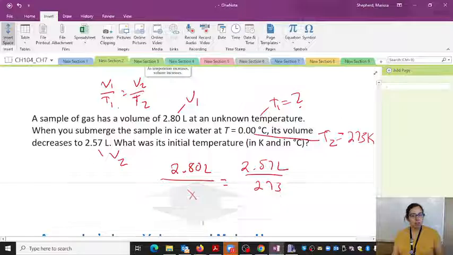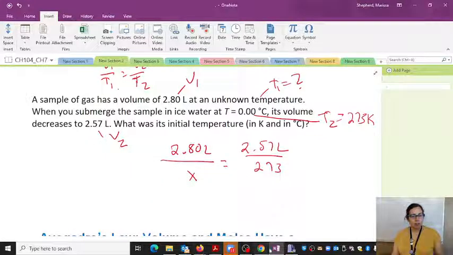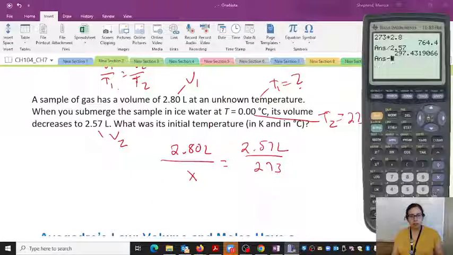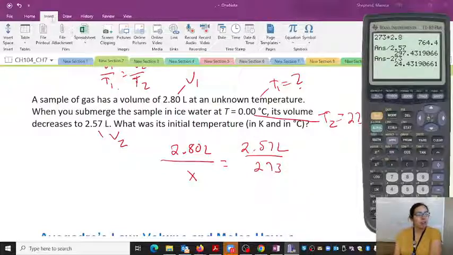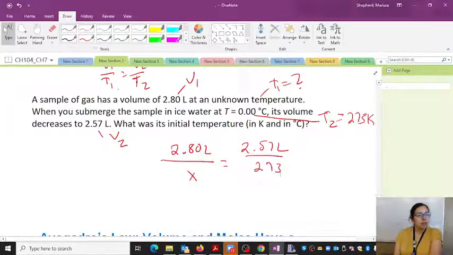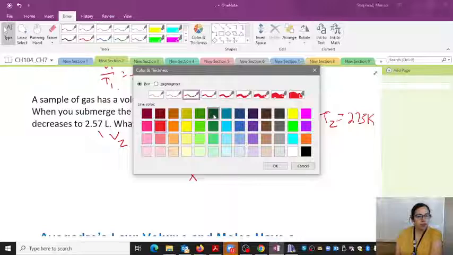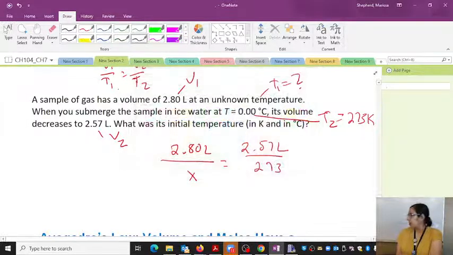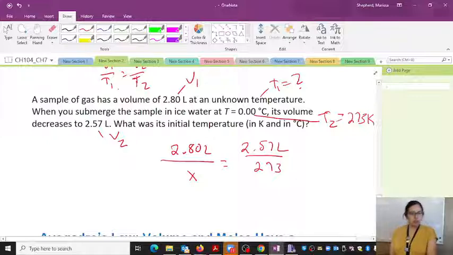So then in Celsius, we just subtract 273. So then you should have gotten 24. Is that what you got? Did you punch it in? Test it out. Make sure you punch it in and test it out yourself.